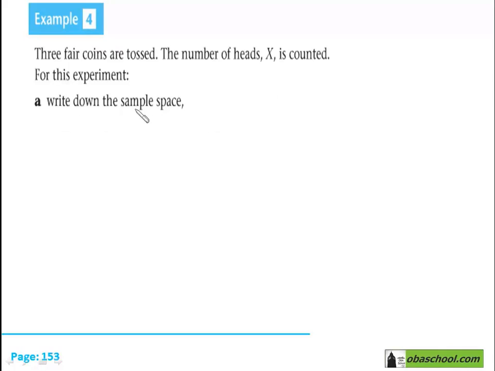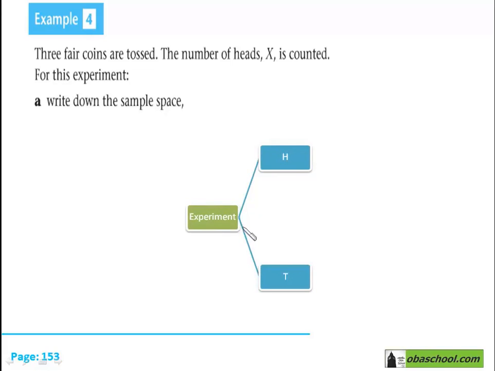We know that we can use the tree diagram in order to construct the sample space. Here we have the experiment, and here we have the results for coin 1. When we throw coin 1, we can get a head or a tail. Now, for coin 2, after getting head on coin 1, we can get on coin 2 head or tail.